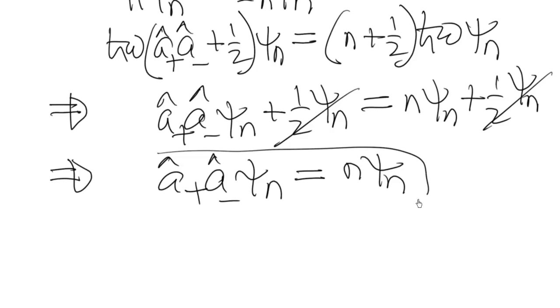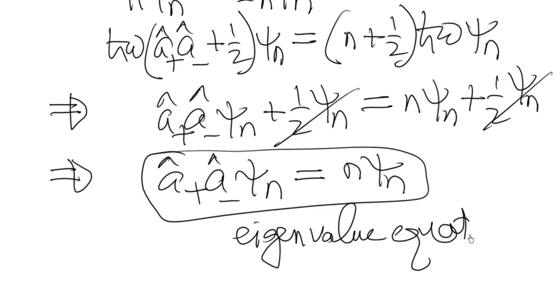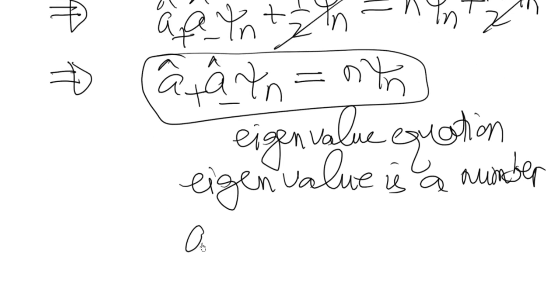So you see that the product A plus A minus is an operator, and this is an eigenvalue equation. The eigenvalue is a number. Therefore, we can say that A plus A minus is a number operator.